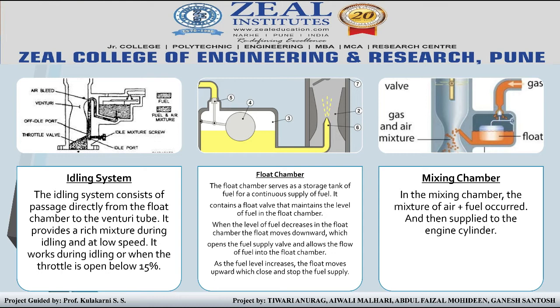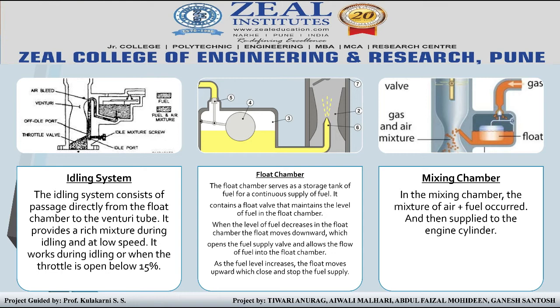When the level of fuel decreases in the float chamber, the float moves down, which opens the fuel supply valve and allows the flow of fuel into the float chamber. As the fuel increases, the float moves upward, which closes and stops the fuel supply.